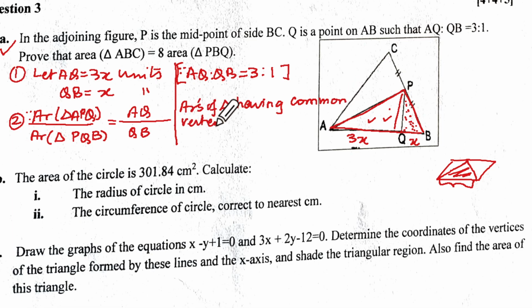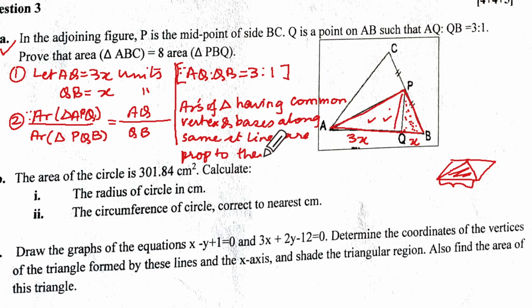Common vertex means the same height, okay? Because there's a common vertex, same height, and bases along the same straight line are proportional to their bases.